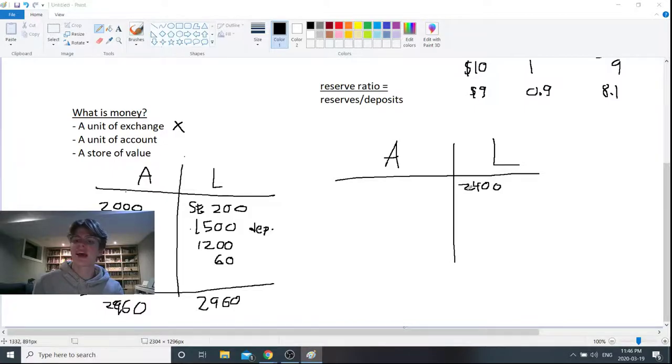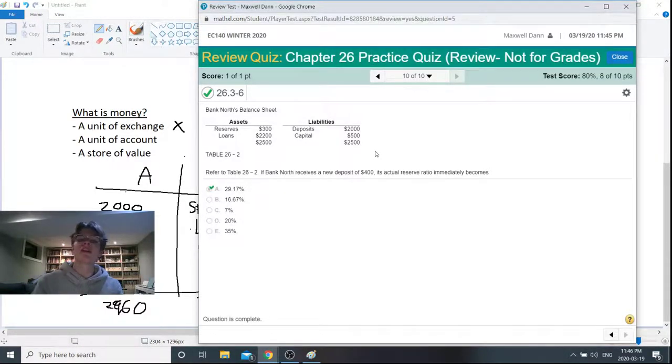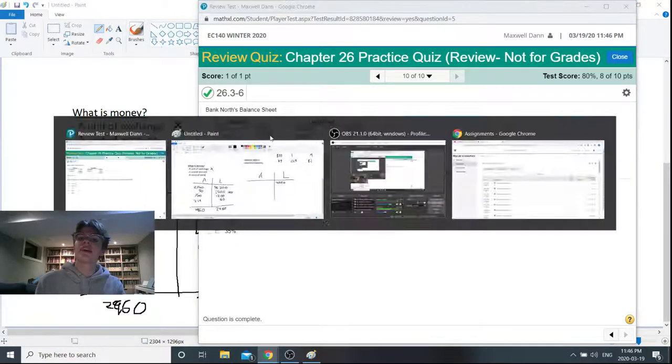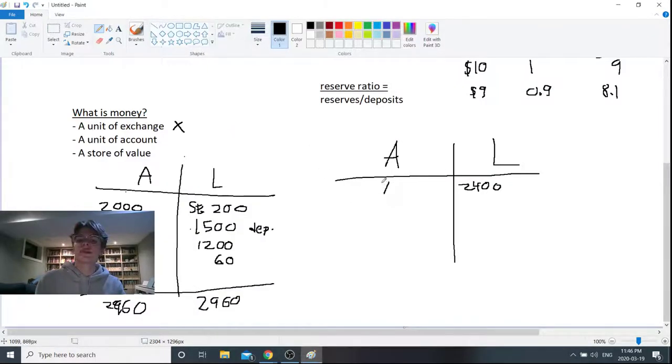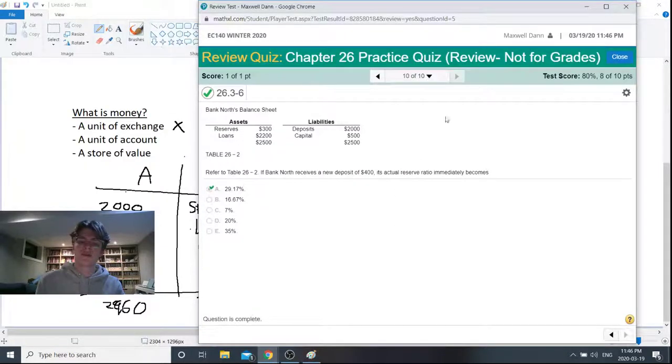We just add $400. But our assets have to equal our liabilities. So what that means is we also get an asset. Where is that asset? We don't loan it out, so it's immediately in our reserves, which makes our RR equal to 700 over 2,400, which gives us our 29%. 29% right there. And that's it for part 1.